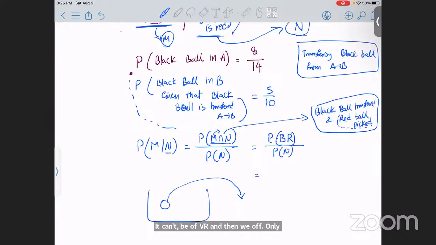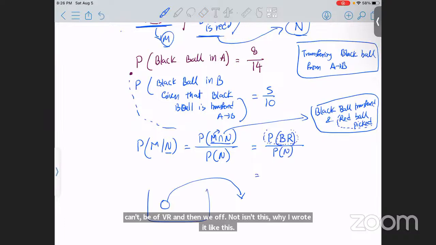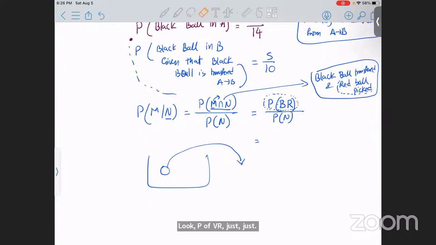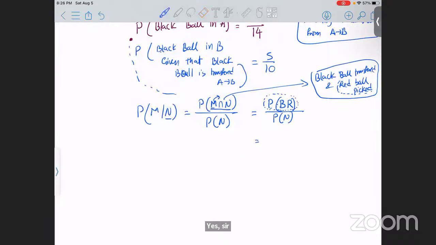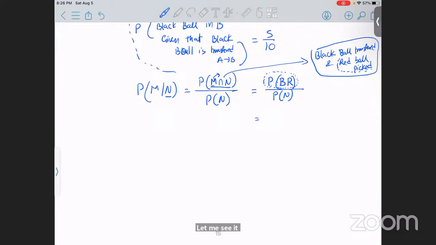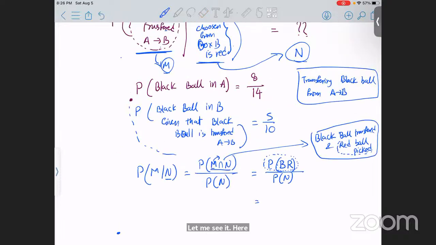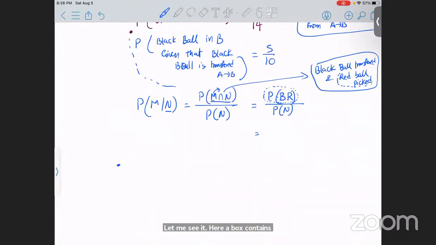Now listen to this carefully. Why I wrote it like this is, look, P of BR, I will draw this carefully. Here I will draw a tree diagram, just wait.